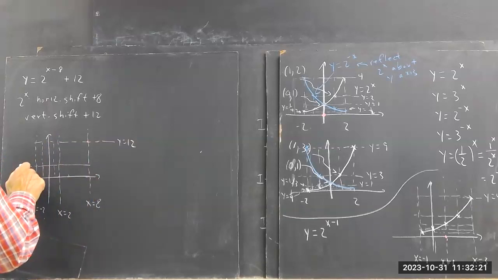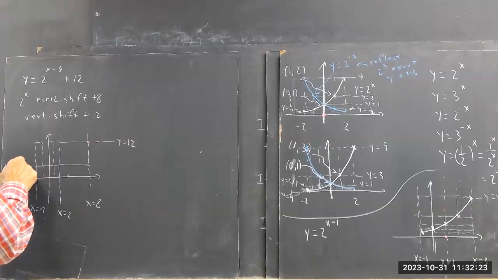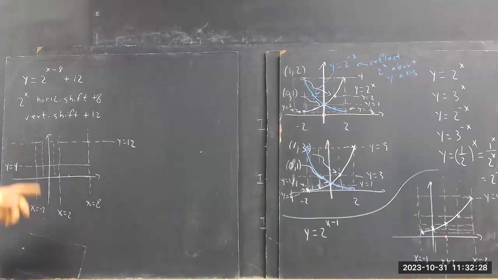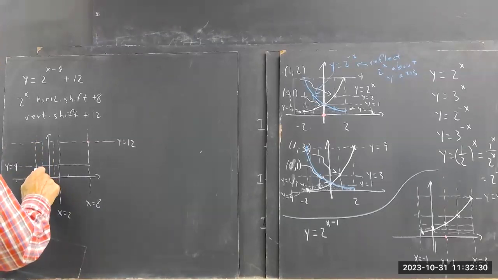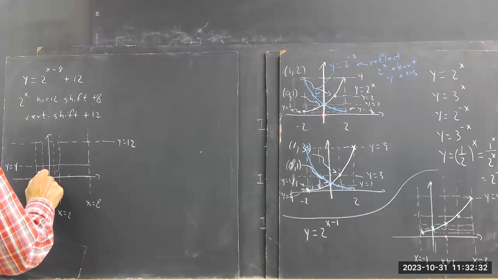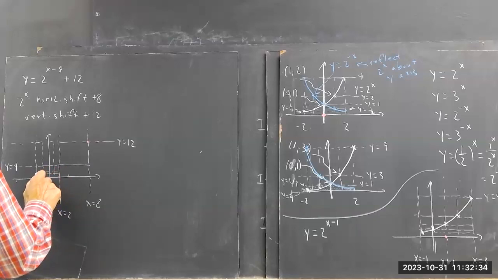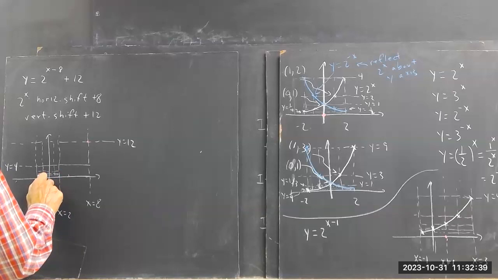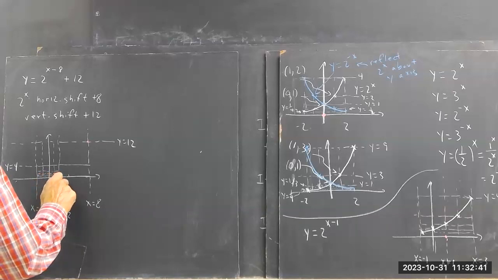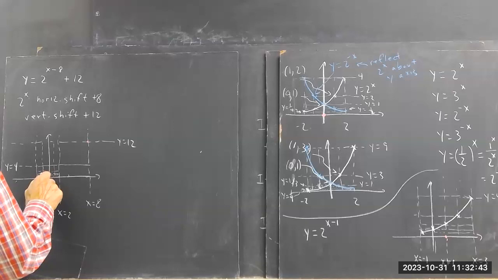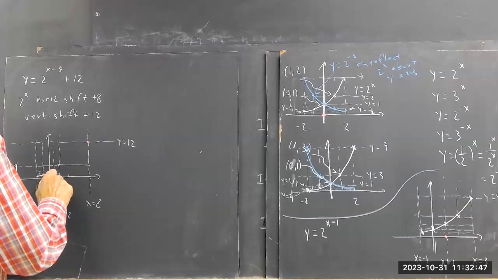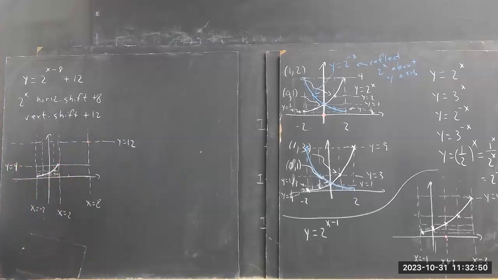So here is y equals 4. And we can then subdivide this and then mark our points. Their graph might look like this.